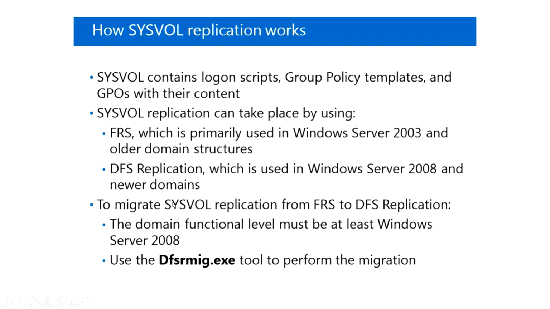To migrate the SYSVOL replication from the older servers, 2003 and older, to the newer one, we can use the dfsrmig.exe tool to perform the migration, but we need to make sure the domain functional level must be at least Windows Server 2008.